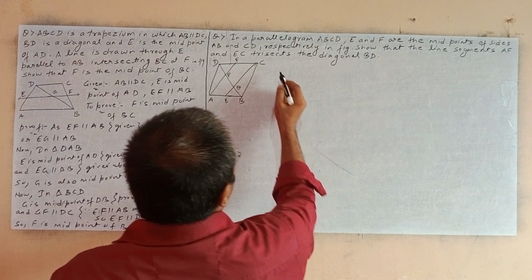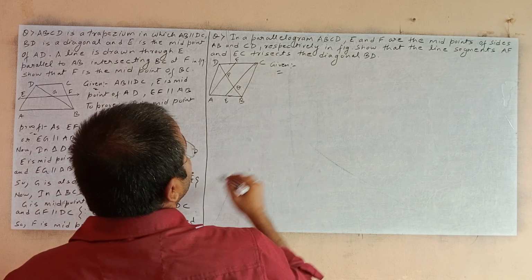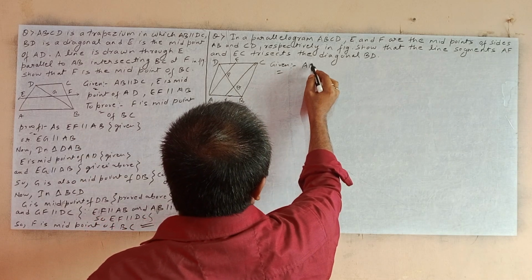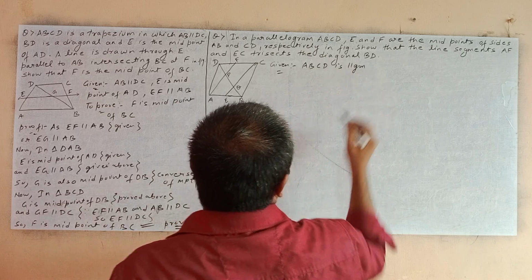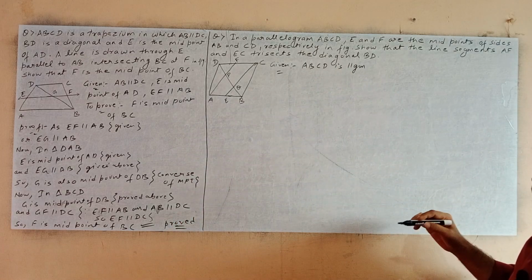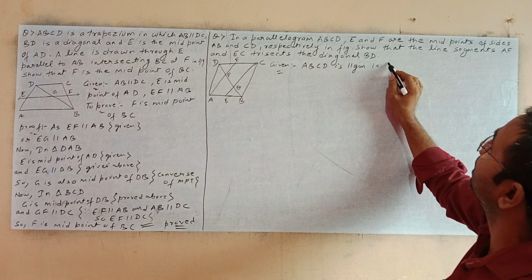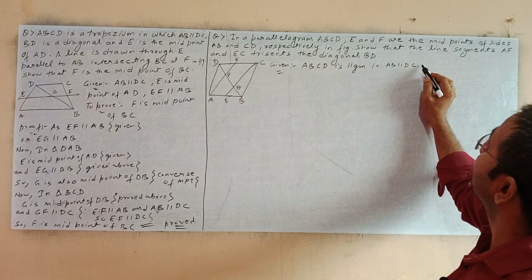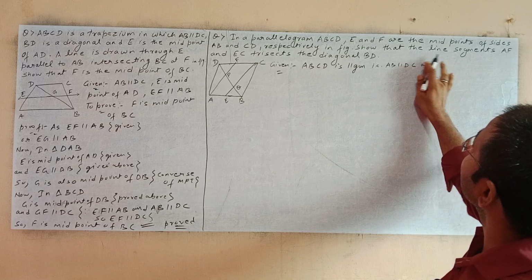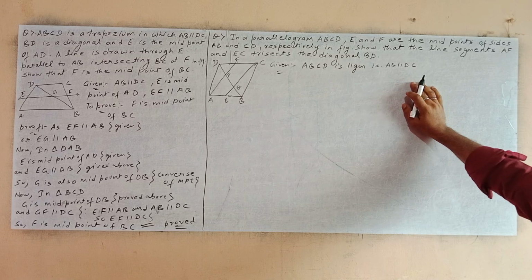Okay, so first of all, write here the given part. What is the given part here? ABCD is a parallelogram. First thing, this is given. If it is a parallelogram, then what will you write? AB is parallel to DC, and just write down this one only, we will need it.